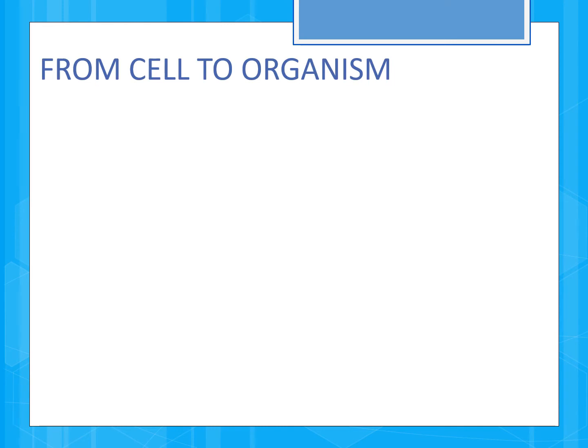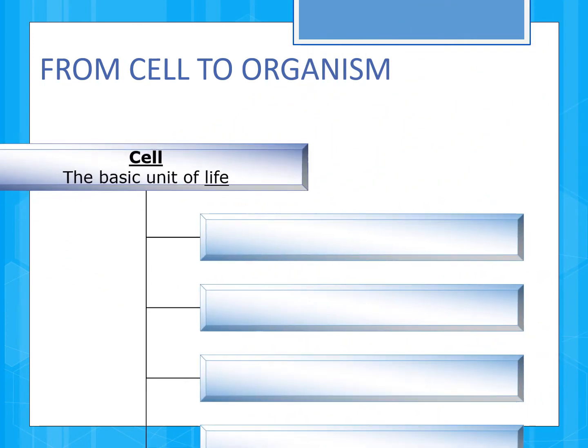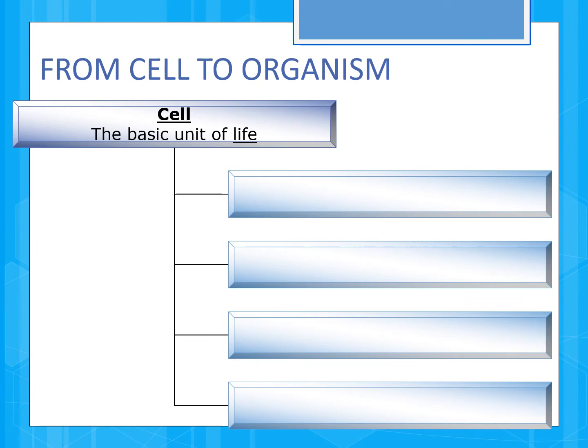Okay, we're just going to link this whole concept of genes being expressed in some cells, or one gender and not the other, to the context of cell differentiation and stem cells. If we revise a bit from year 11, hopefully you'll remember, the cell is the basic unit of life.